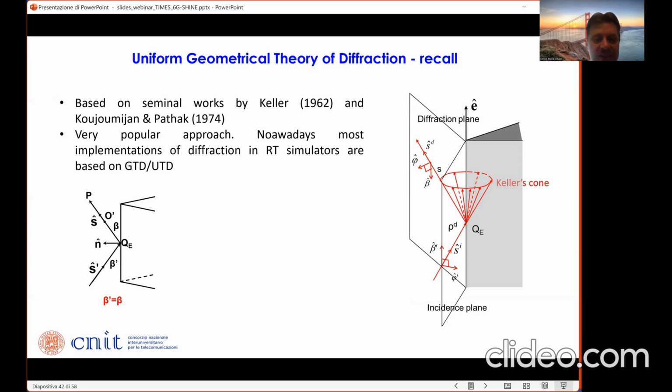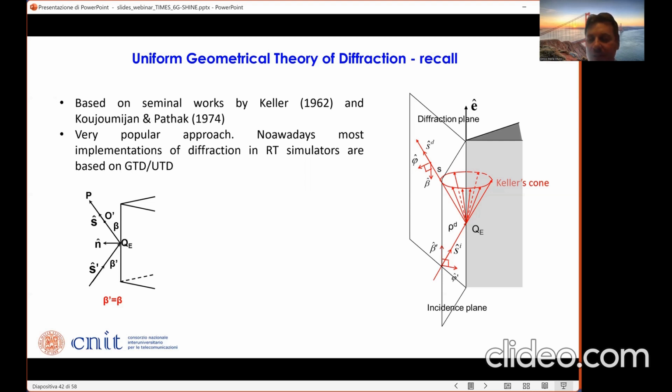So the radiated field will be influenced also by diffraction on the edges. So in the case it's a rectangular slab, we will have diffraction from 4 edges.